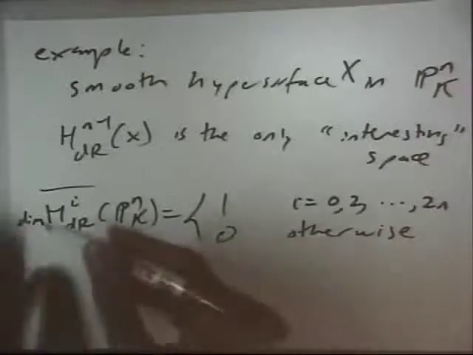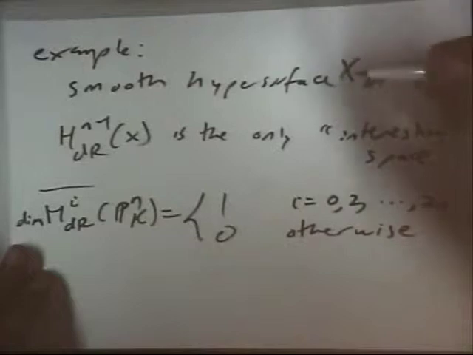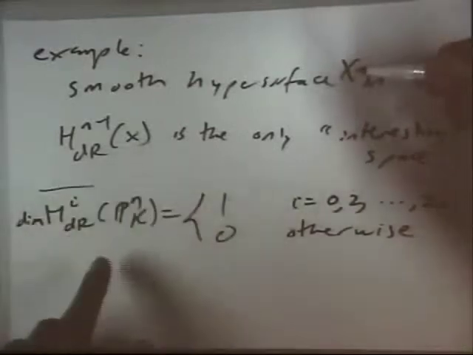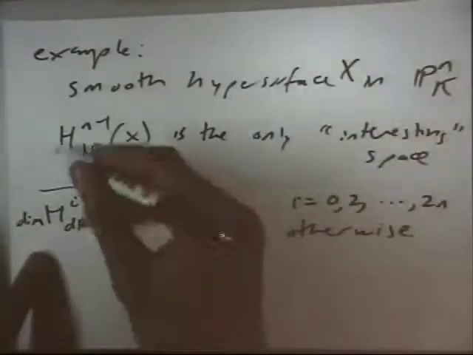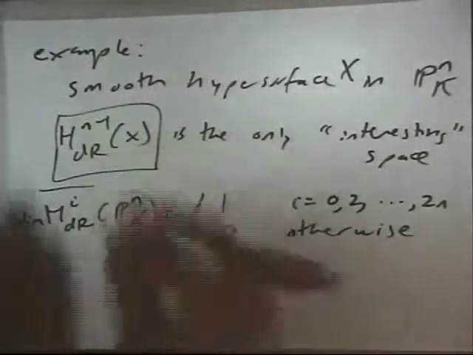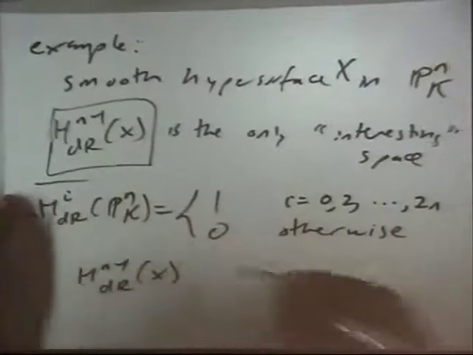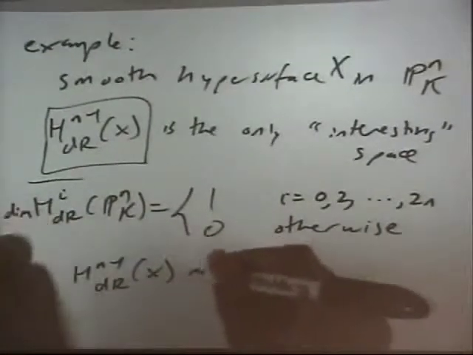But anyway, so this cohomology is quite simple, and so you can determine all of the cohomology of X from projective space except this one. This is somehow the interesting one. And the way you determine this one is you get sort of an isomorphism.